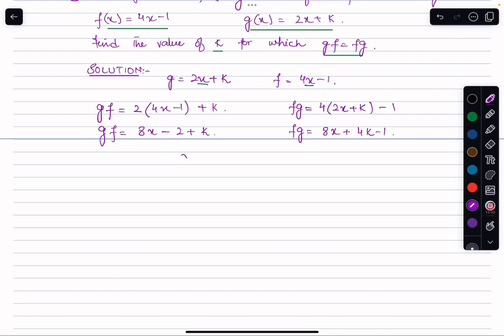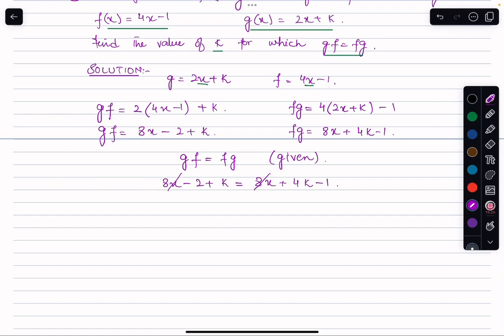So the given condition says g of f should be equal to f of g. This is the given condition in the question. So I shall say that 8x minus 2 plus k shall be equal to 8x plus 4k minus 1. Solving it, I can see 8x gets simplified.